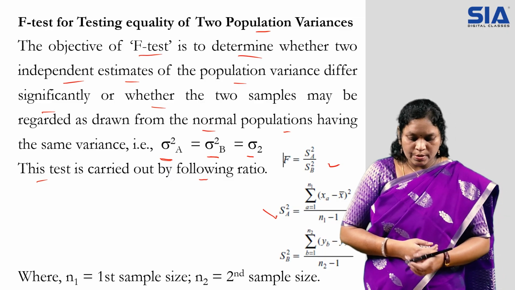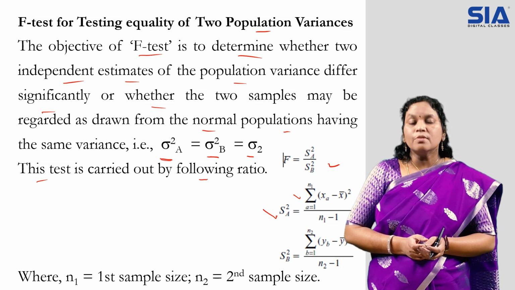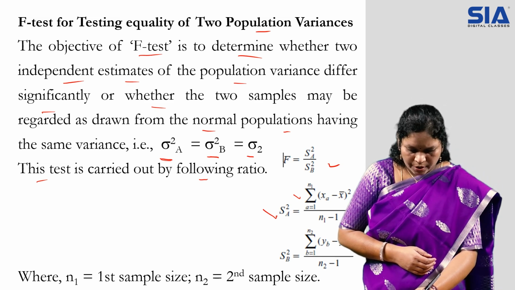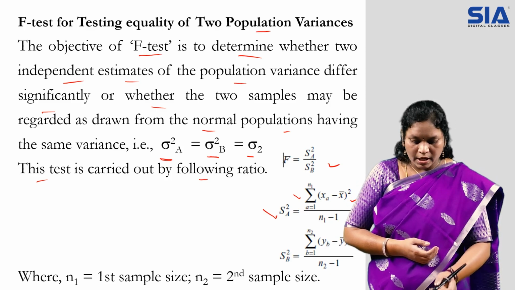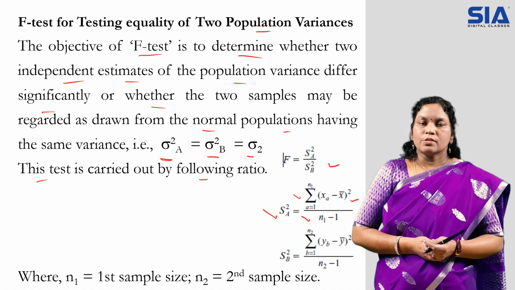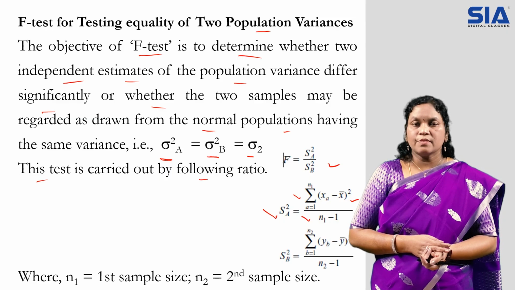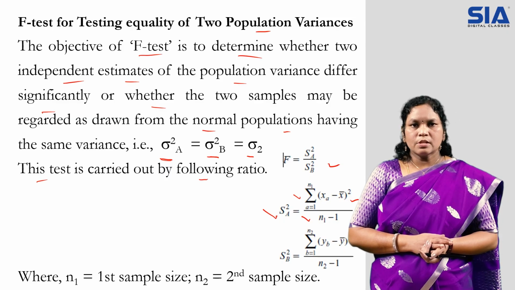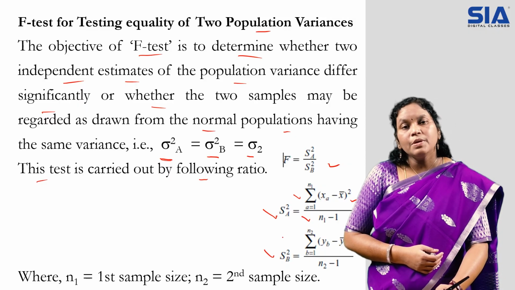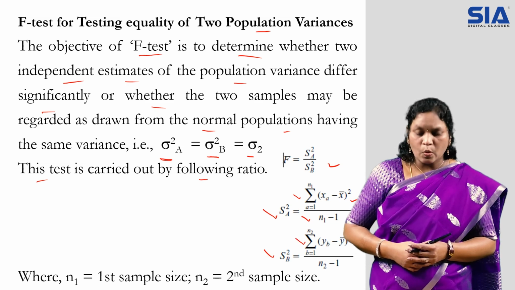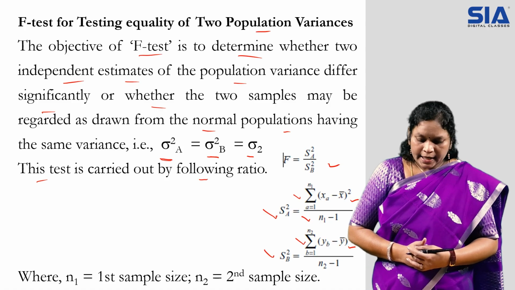SA square is equal to summation i equal to 1 to N1, because the sample size is N1, of XA minus X bar whole square, that is the regular variance formula, divided by N1 minus 1. This becomes the population variance formula for set A. Similarly for set B, the same formula with the B values: summation B equal to 1 to N2 of YB minus Y bar whole square divided by N2 minus 1.